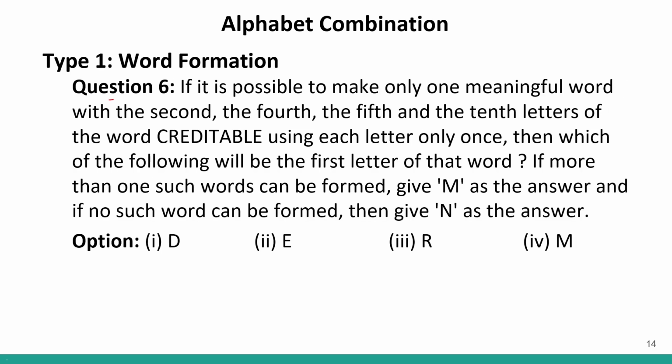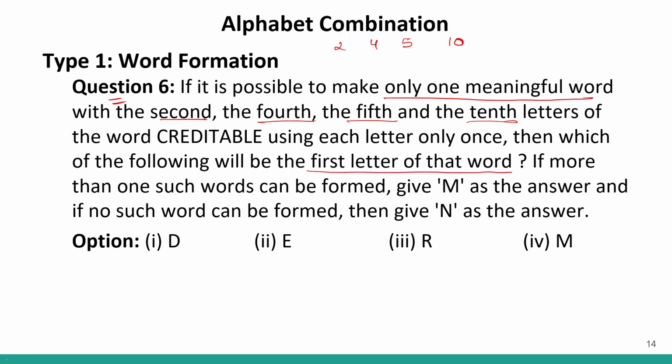Question number 6 is, if it is possible to make only one meaningful word with the 2nd, 4th, 5th, 10th letters of the word creditable, using each letter only once, then which of the following will be the first letter of the word?